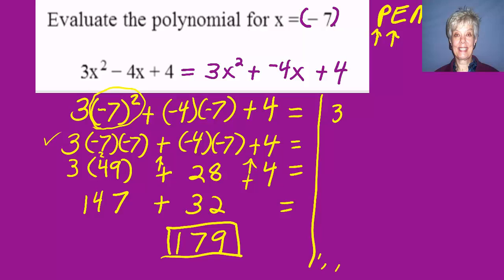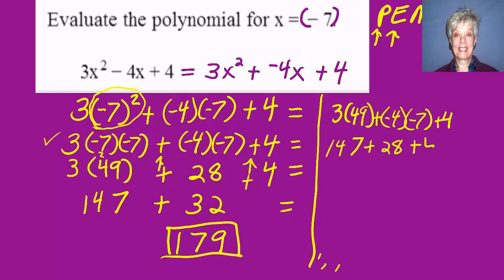So I would have had 3 times 49 plus -4 times -7 plus 4. So I would have had 147 plus 28 plus 4, and I would end up with the same answer, 179. And that's how you evaluate expressions.